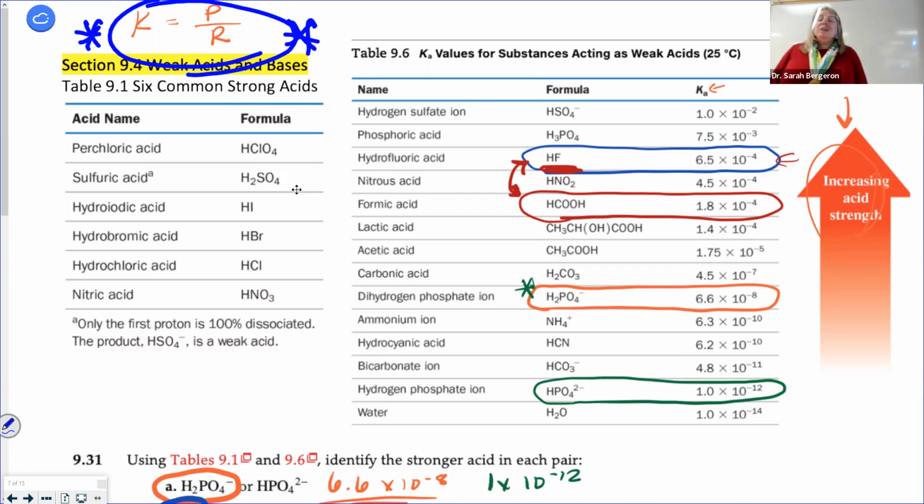So when we talk about the equilibrium expression of acids, we just put a little A here. The Ka is the equilibrium constant for an acid. So look at table 9.6, Ka values for substances acting as weak acids. Guess where you have this?